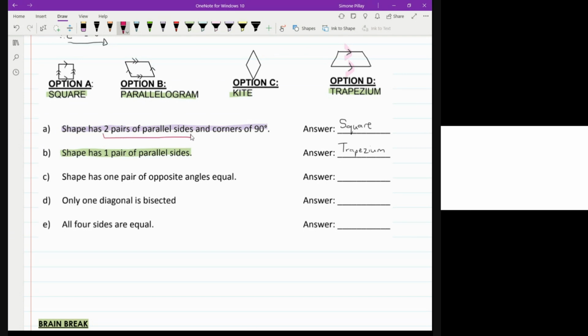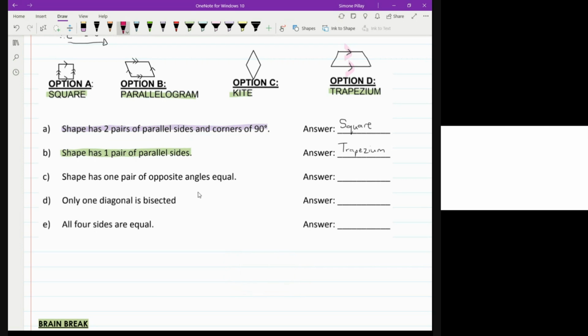They asked us to find a shape that has two pairs of parallel sides and corners of 90 degrees. So in my square, all of my corners are 90 degrees, and so it fit that property. Does that make sense, or did I not answer your question? Yes, I get it, ma'am. Okay, cool. So that one was that.